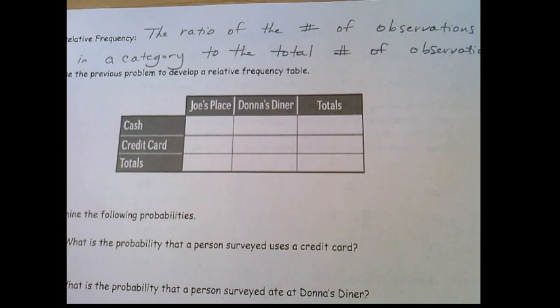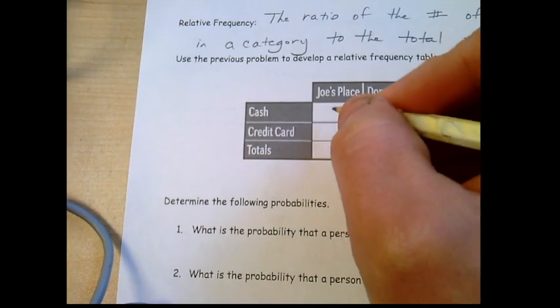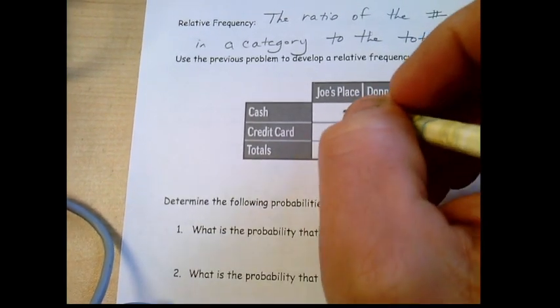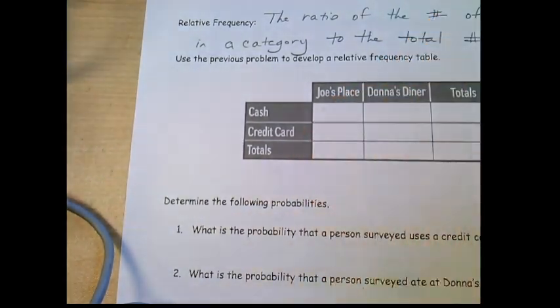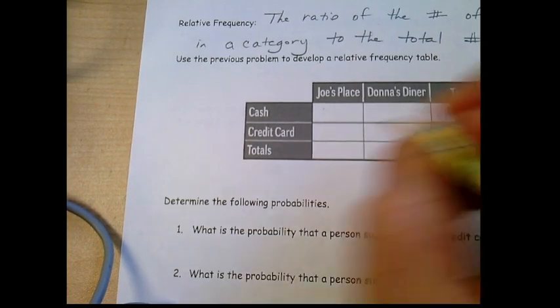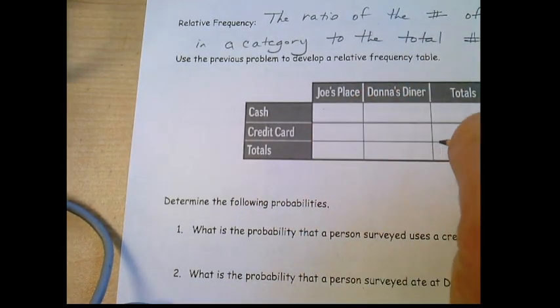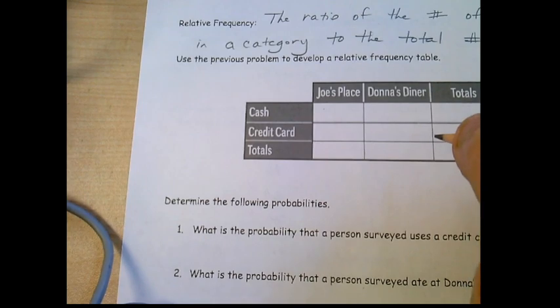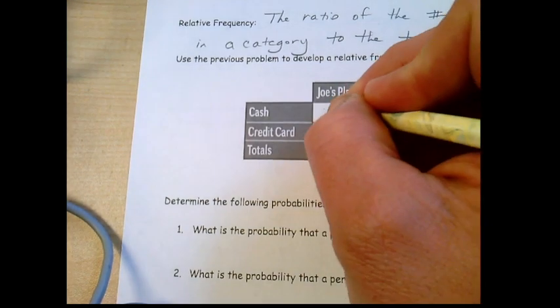This can be written either as a fraction or a percent. I like to write these as percents. Those that use cash at Joe's Place would have been 20 people, 20 was right here, and 50 was the total. So 20 out of 50, which would give you a percentage of 40%.